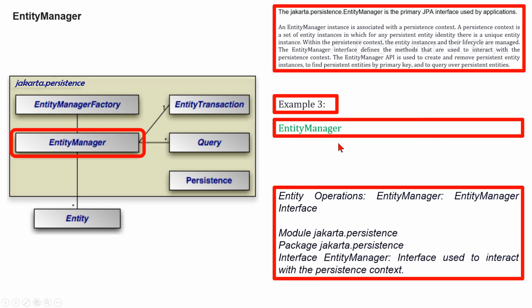The find method, provided it is invoked without lock or invoked with lock mode type NONE, and the getReference method are not required to be invoked within a transaction. If an entity manager with a transaction-scoped persistence context is in use, the resulting entities will be detached. If an entity manager with an extended persistence context is used, they will be managed.